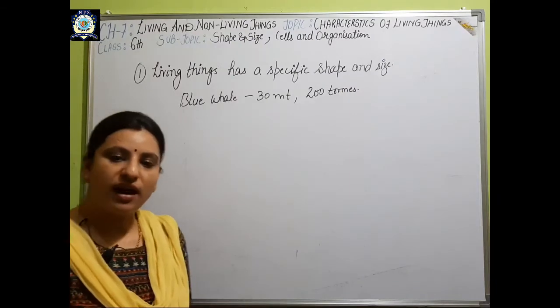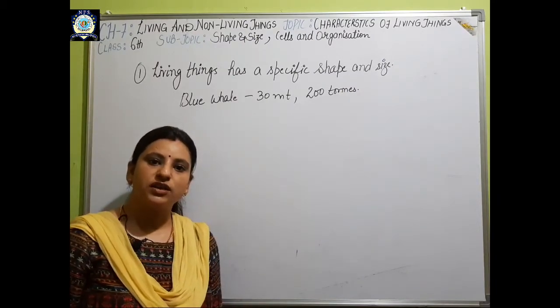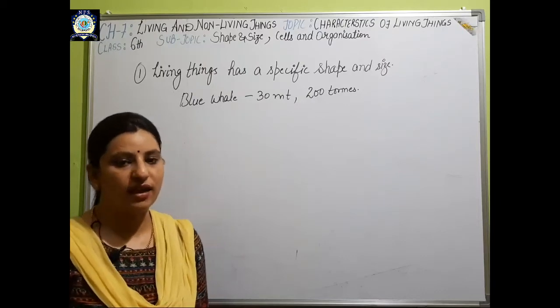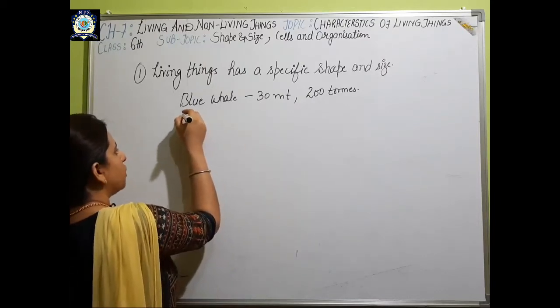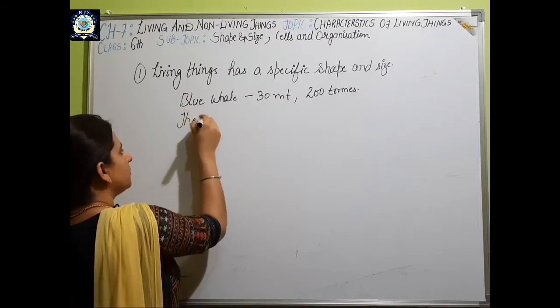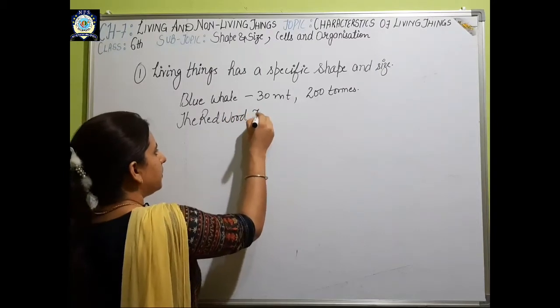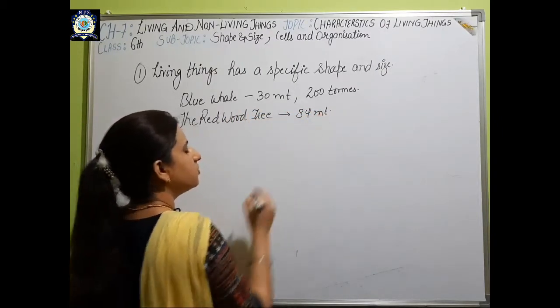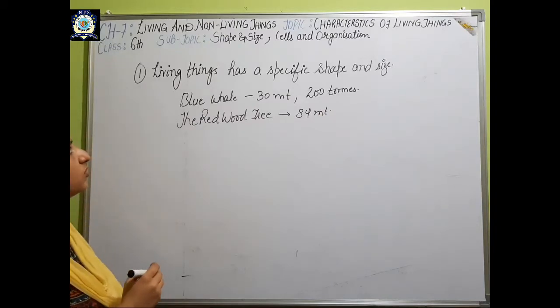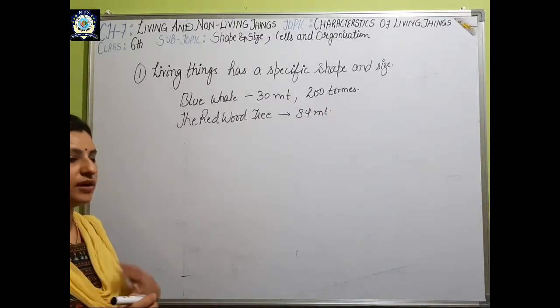And in case of plants, the redwood tree, which is found in California, USA, may be up to 84 meters tall. So this is all about the first character, that each and every organism has definite shape and size.